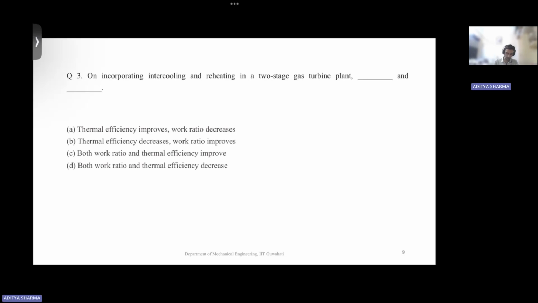So I'm incorporating both your intercooling and reheating in a two-stage gas turbine plant. If you see the options, this option has commented on your thermal efficiency and work ratio.